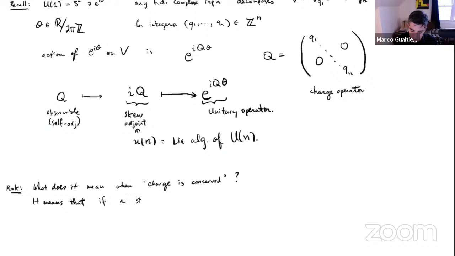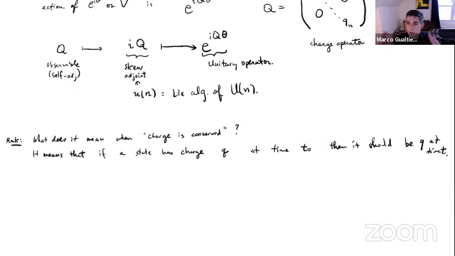So if a state has charge Q at time t0, then it should not change. It should be Q at time t. In other words, the time evolution should preserve the charge.